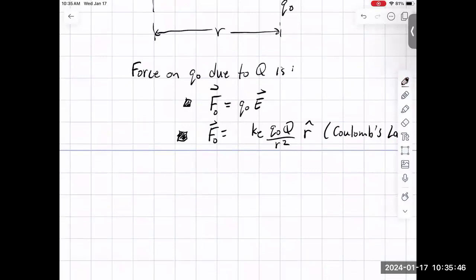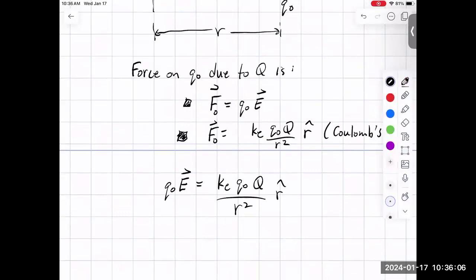Well, these two forces are two expressions for the exact same force, and so they must be equal to one another. And so it must be the case that Q0 E is equal to Coulomb's constant Q0 capital Q divided by r squared times r hat. Both these expressions have Q0, and so we can do that cancellation.